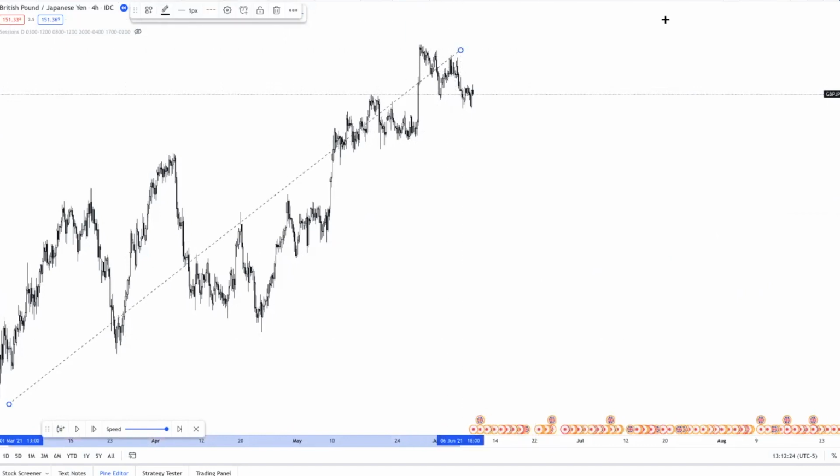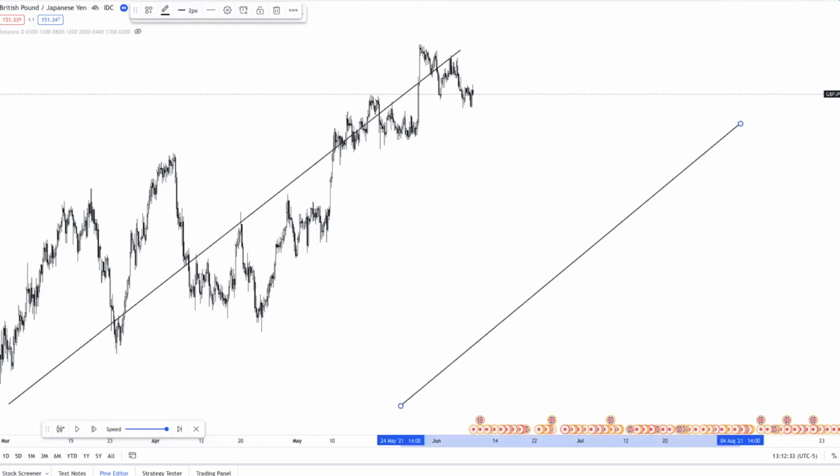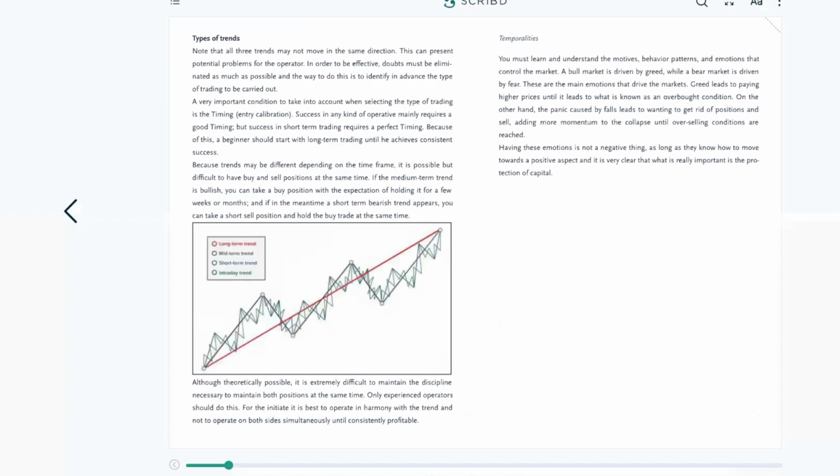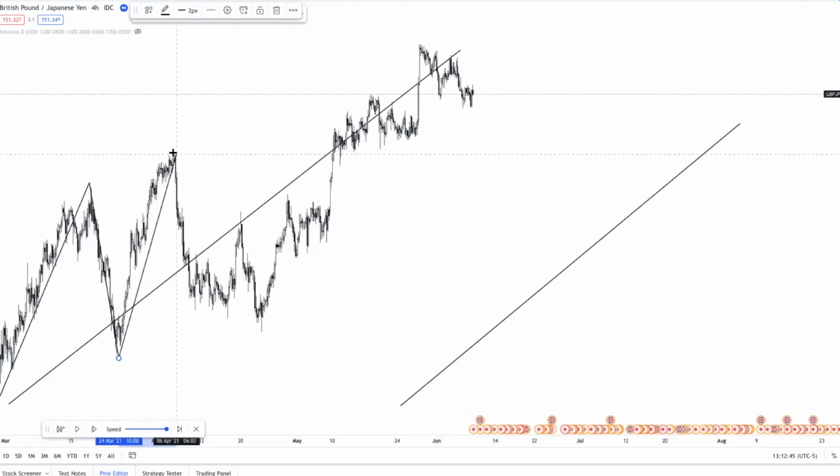It's the uptrend. Your mid-term trend would be like so. Let's start from here, here, here, here, and here.